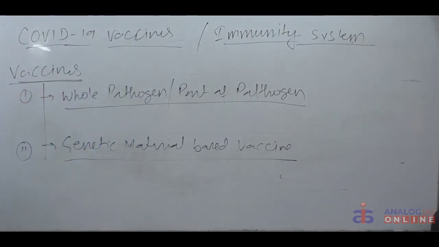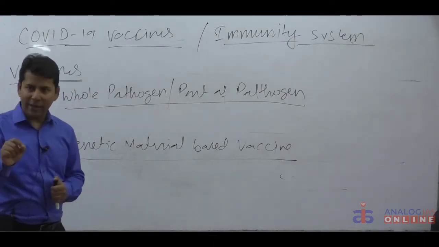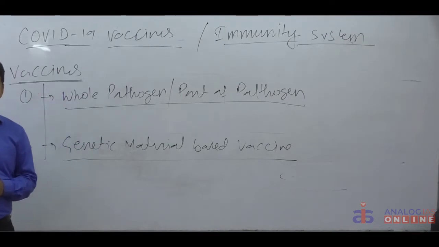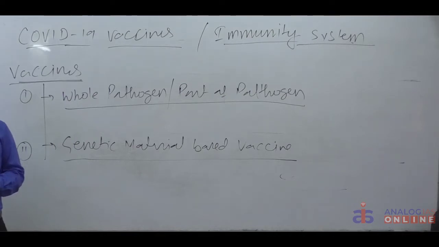But obviously the pathogen must be killed, weakened, or inactivated, or only a specific part of the pathogen can be taken out, right? Like oral polio vaccine. The oral polio vaccine is a polio virus itself. So basically we give the polio virus to the babies, right? But this polio virus is weakened. It will not create polio, but it is a little bit risky also.